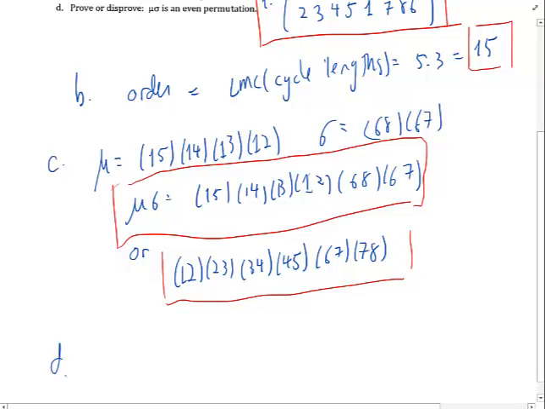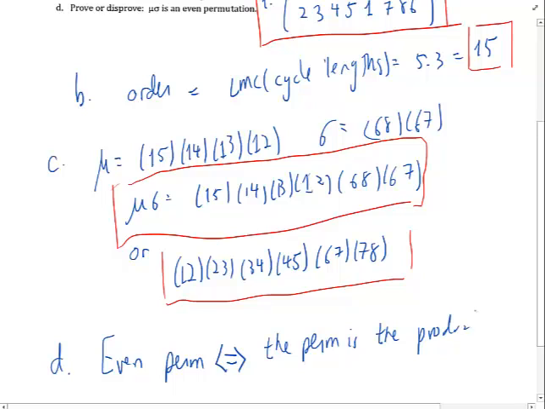And then part D is, well, remember that a permutation is even if and only if the permutation is the product of an even number of transpositions.